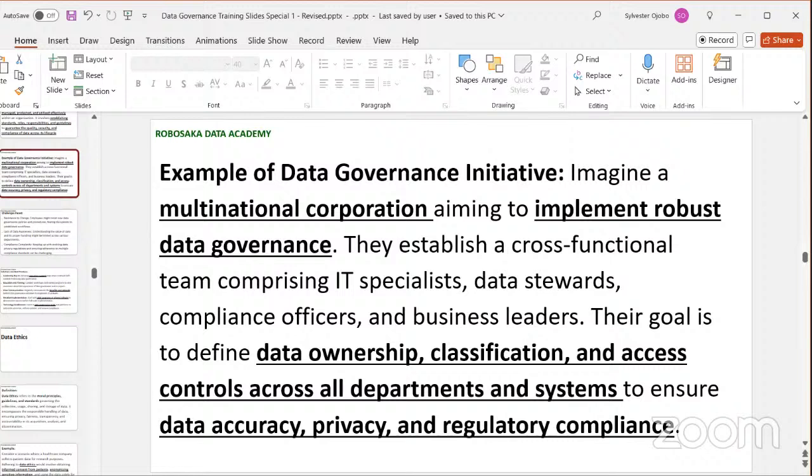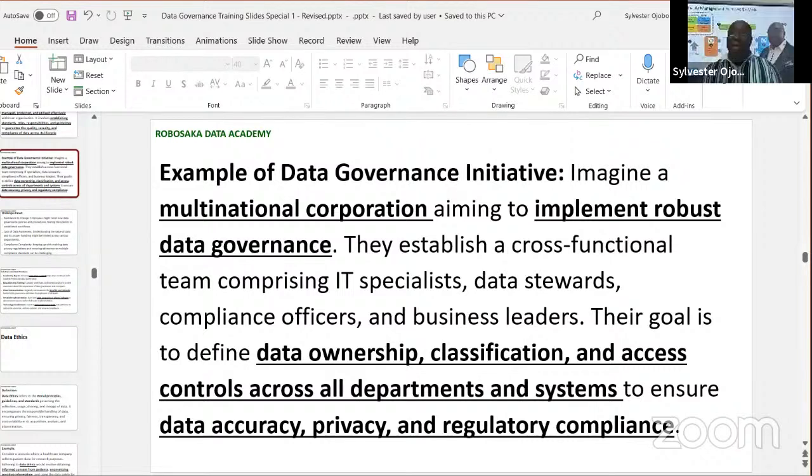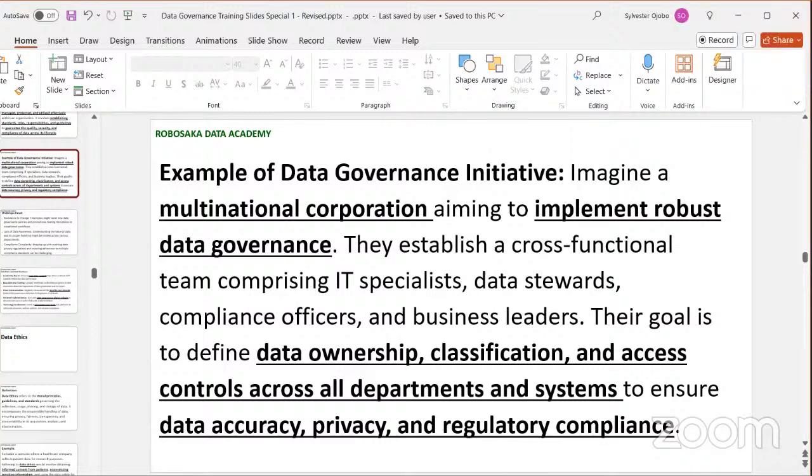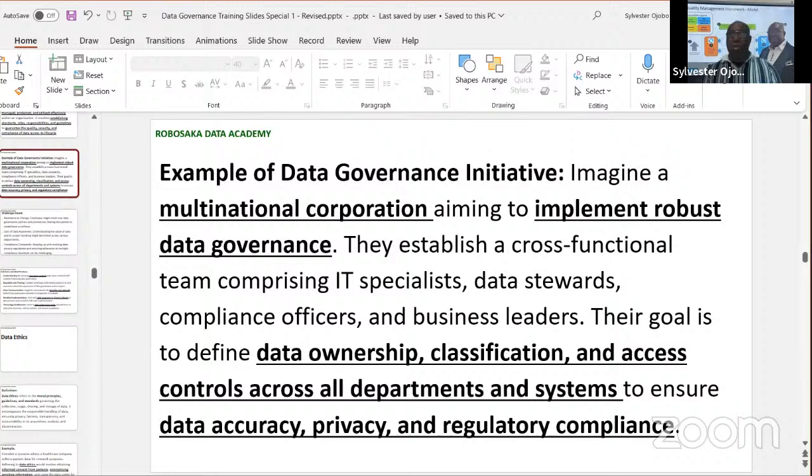Whenever they talk about implementing robust data governance, they are trying to tell you that, due to being multinational, they are expected to handle more complex data. They have a lot of data they're handling, so we need a robust data governance to accommodate that.